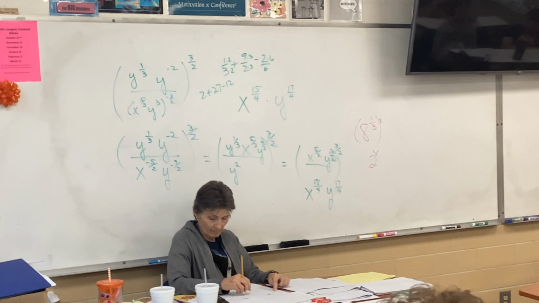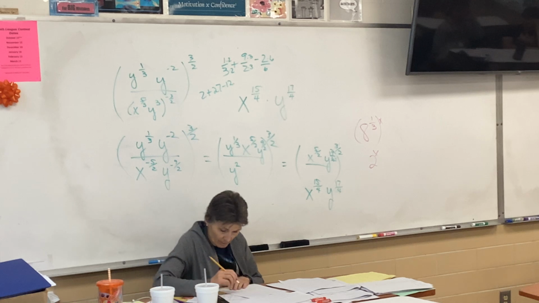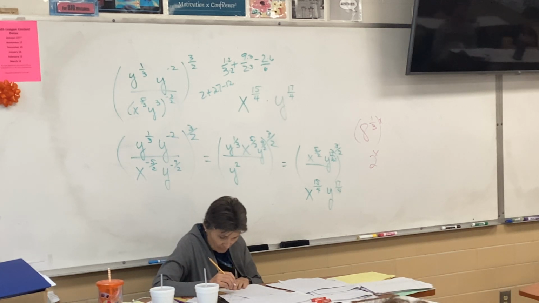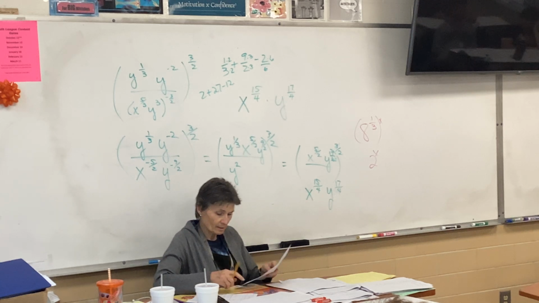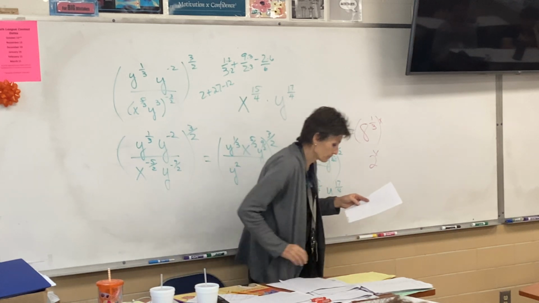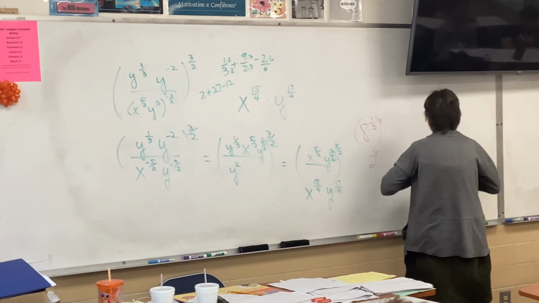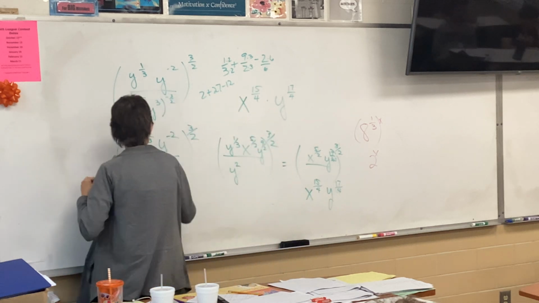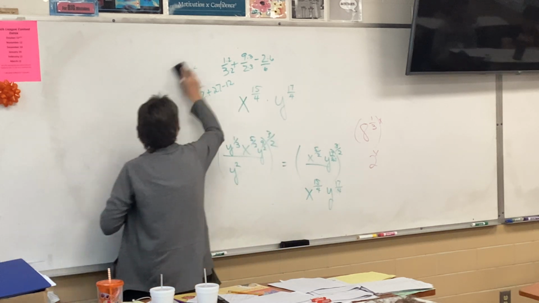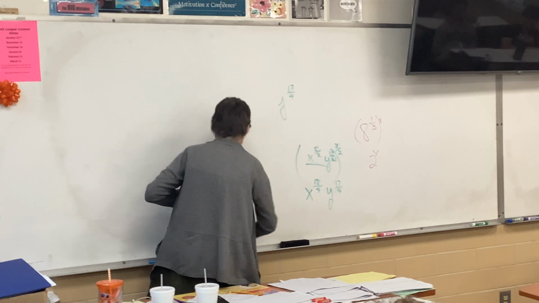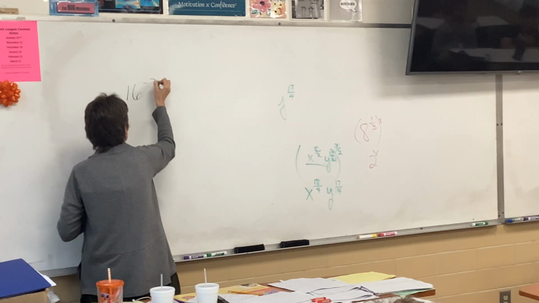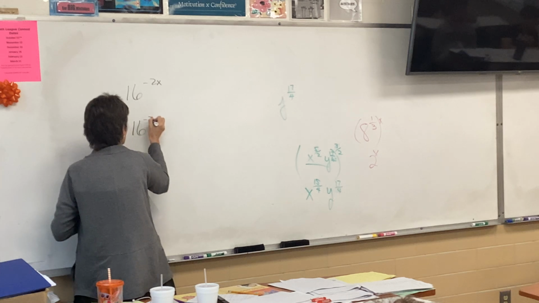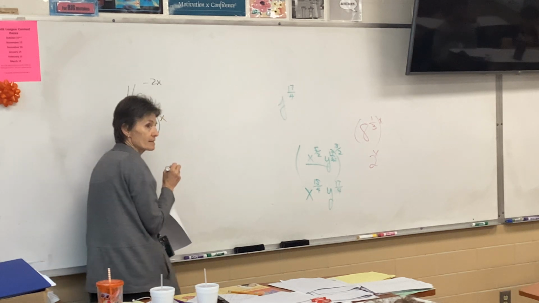Let me find my sigma. The sigma is, alright, so 16 to the negative 2x would be 16 to the negative second to the x.